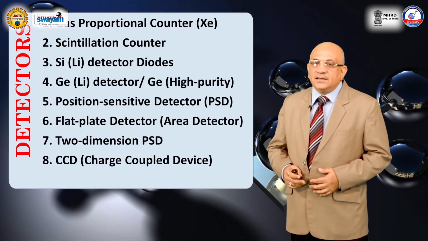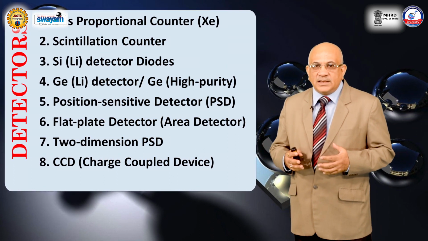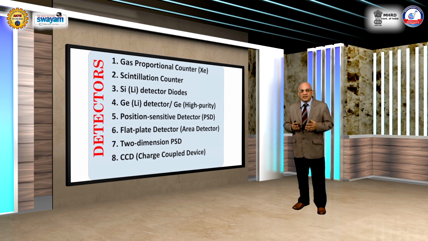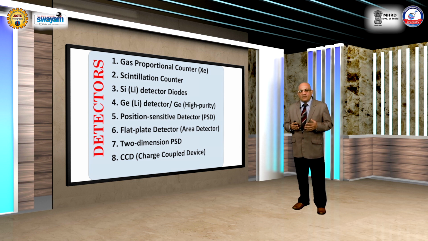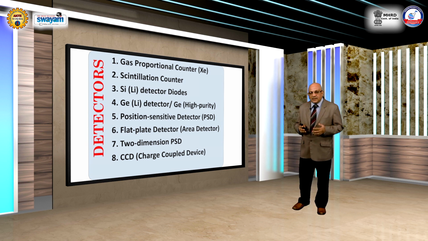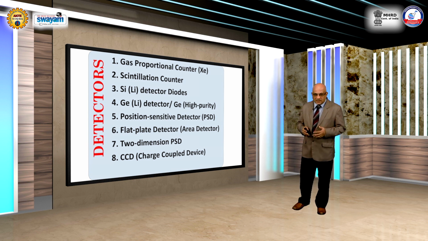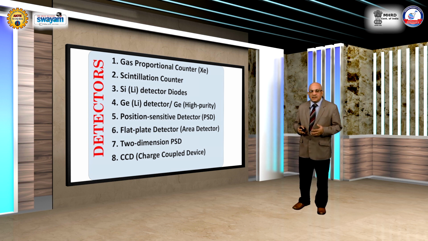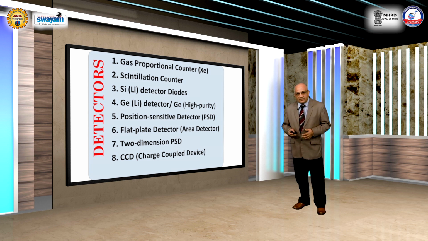You have the X-ray source, which is normally a sealed tube X-ray source, where the X-rays coming out of the X-ray tube fall on a sample, and then the sample diffracts, and this diffracted beam falls on detectors. Now look at the various types of detectors that is possible to have in your X-ray diffractometer.